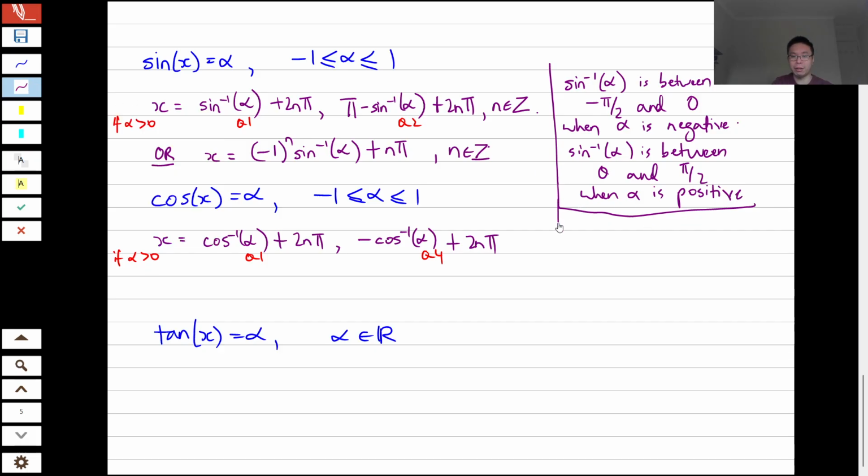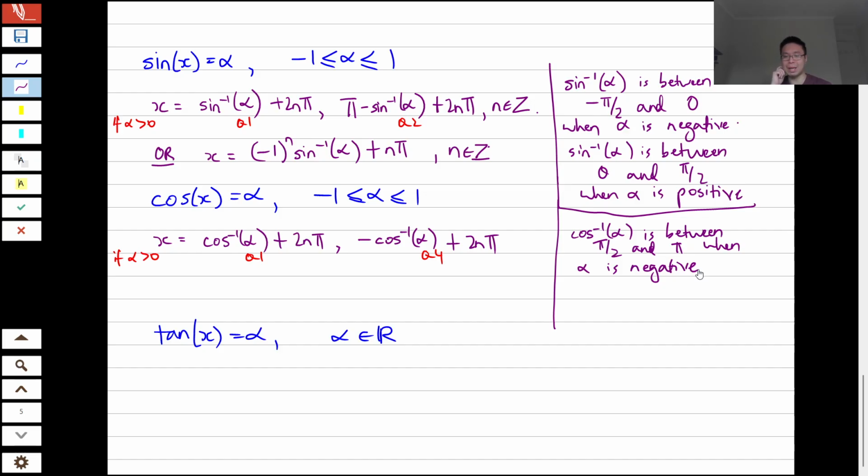Now here we need to be careful as well. Inverse cosine is between pi on 2 and pi when alpha is negative. So no, it's not negative pi on 2 to 0 this time, it's pi on 2 to pi. And that's just a convention that's used.